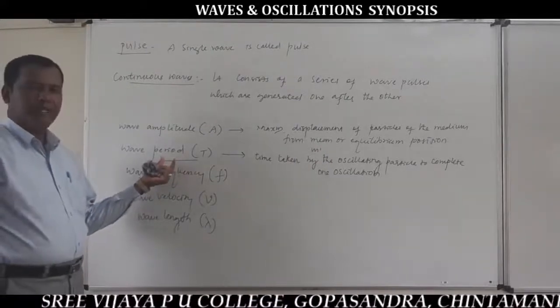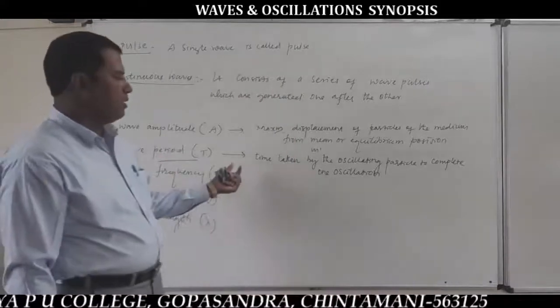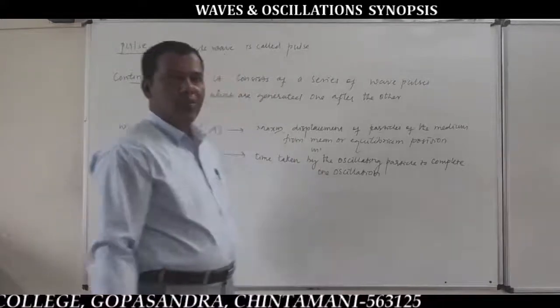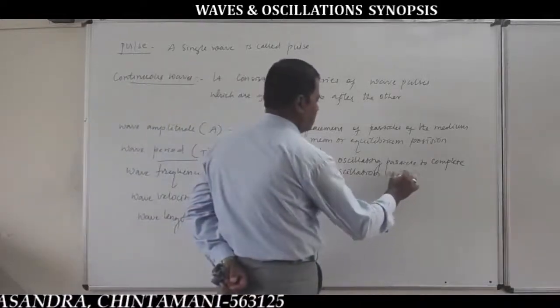So it is the time taken to set up a single wave in a medium, or the time taken by the oscillating particle to complete one oscillation. It is expressed in second.